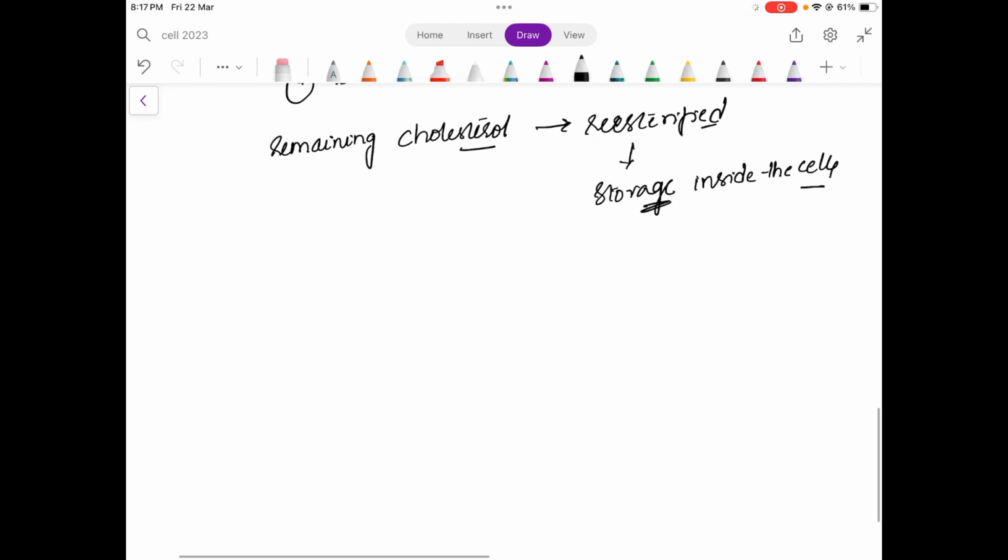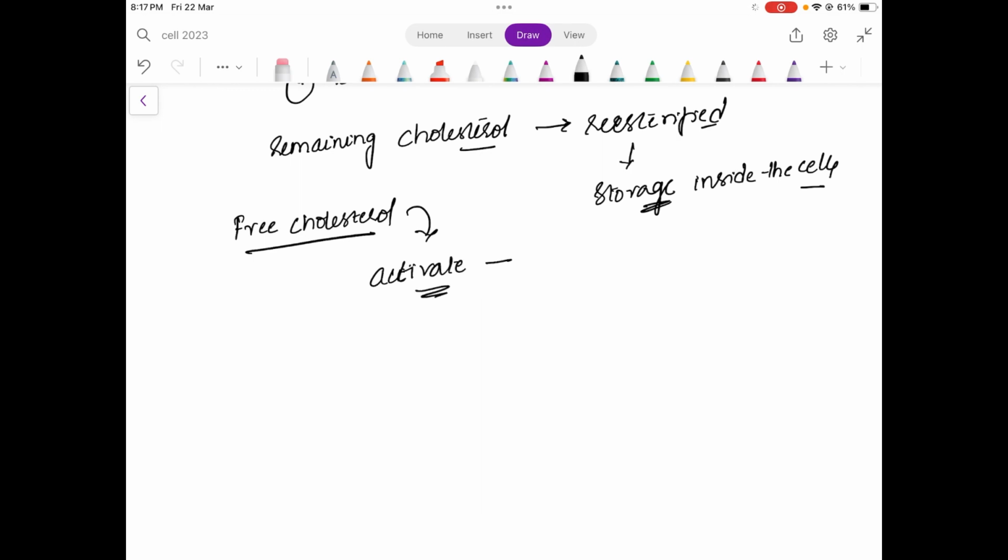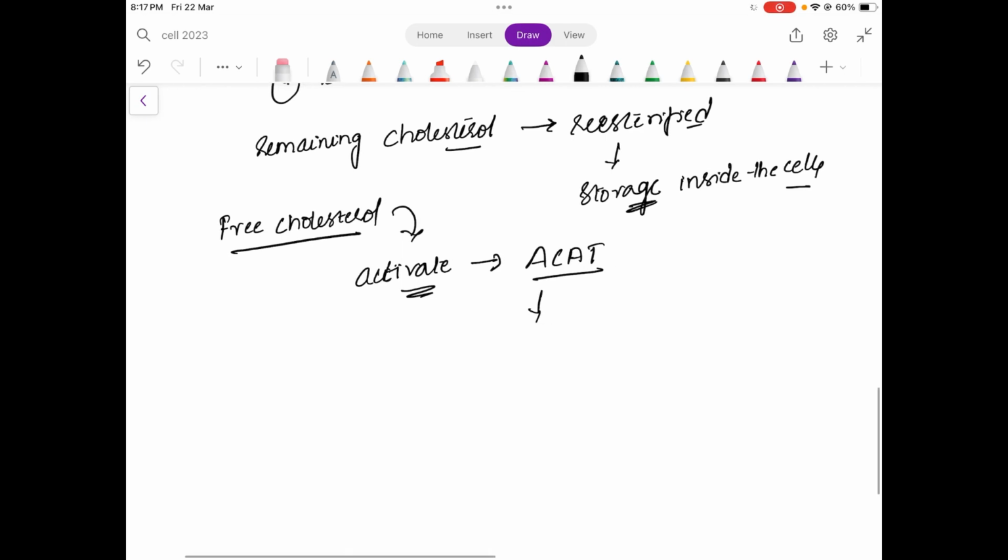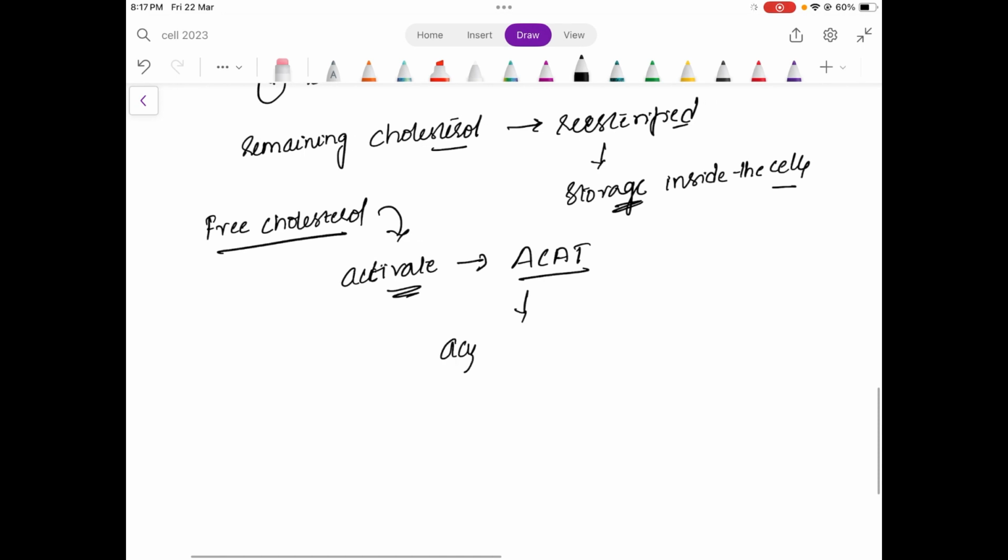Now, what will this free cholesterol do for esterification? This free cholesterol will activate an enzyme called ACAT. What is this ACAT? This ACAT is acyl CoA cholesterol acyl transferase.